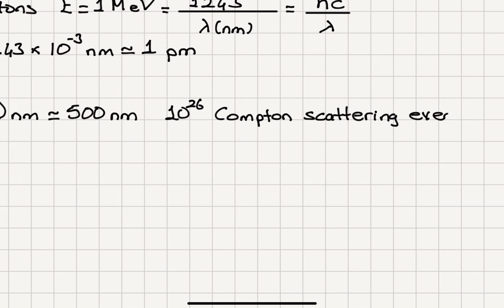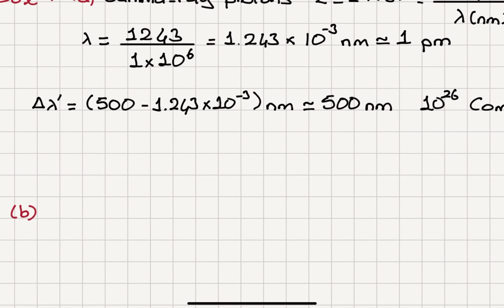So per event, how much is the wavelength change? We can calculate delta lambda per event as the total wavelength change, delta lambda prime, divided by the number of Compton scattering events, 10^26. So this gives us 5 times 10^-7 meters divided by 10^26.